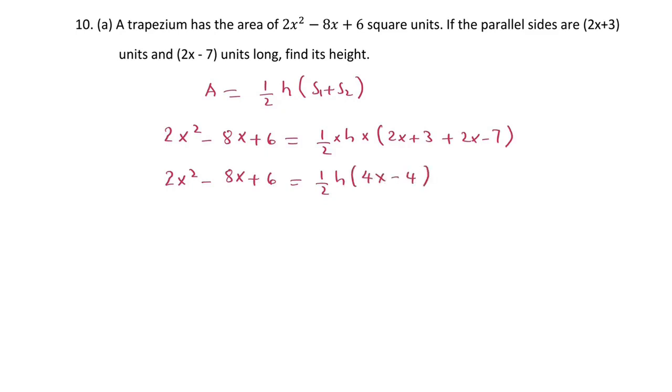Let us simplify further. We are going to have 2x squared minus 8x plus 6 equals h in brackets 2x minus 2. Okay, so let us make h the subject.